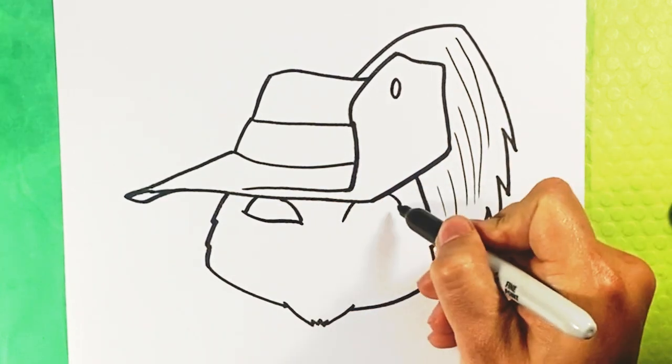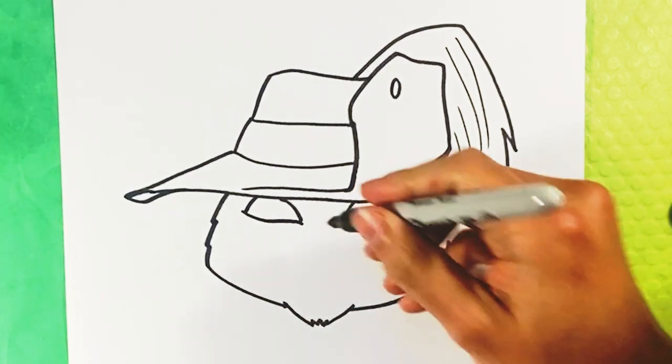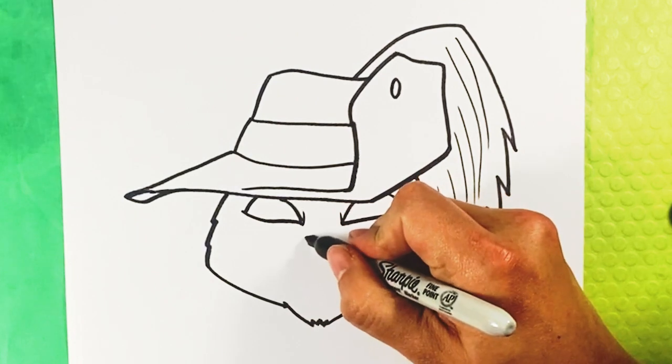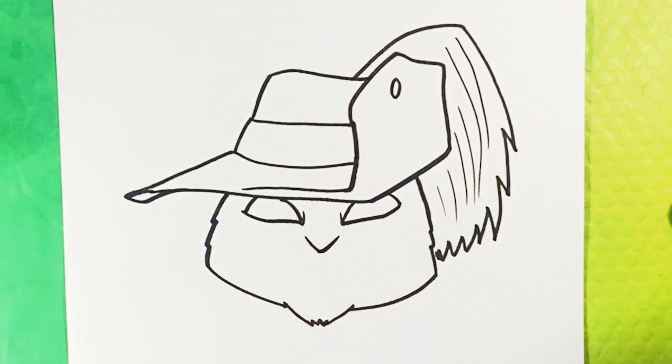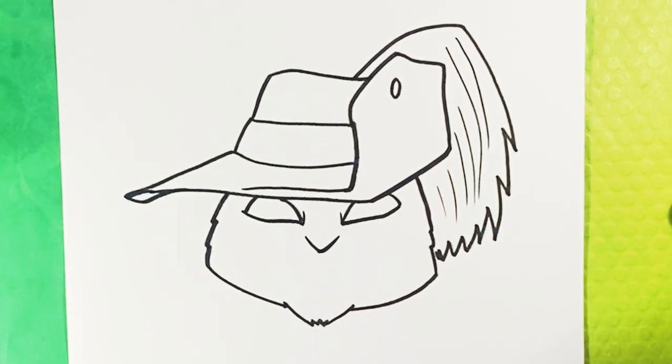Line over here. Gonna go over here. Line over here. Up, up. Downward. Up for the nose area. And right here, so you have the V for the nose, okay?